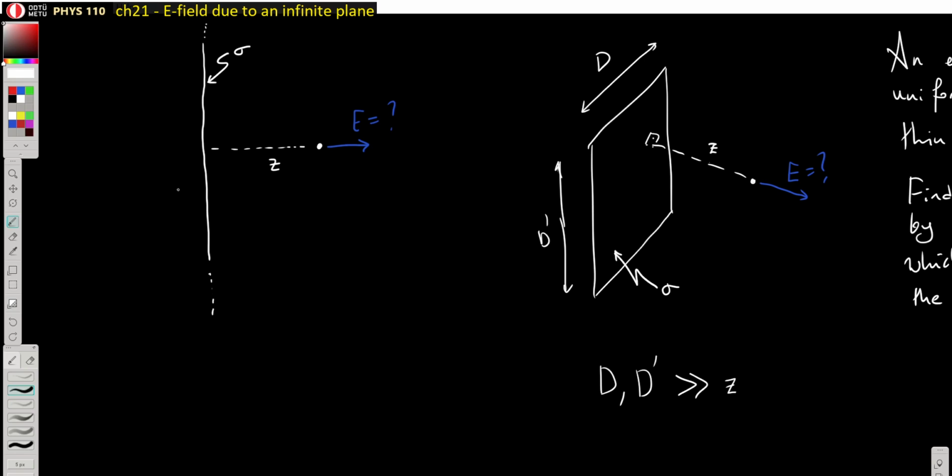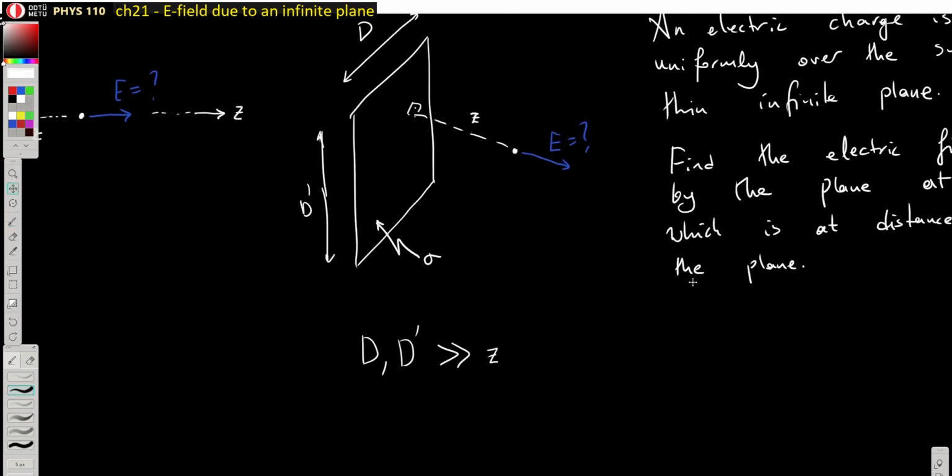In any case, because of the symmetry, the electric field is either outward or inward. So we can choose the z-axis as an axis which is perpendicular to the plane, and so therefore this would imply that the electric field has a z component which can be positive or negative, but it has no x or y components. And x and y directions are basically parallel to the plane.